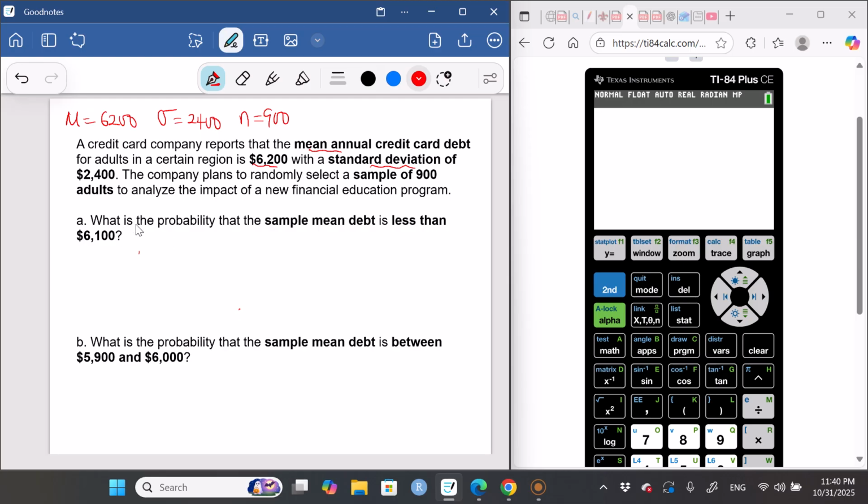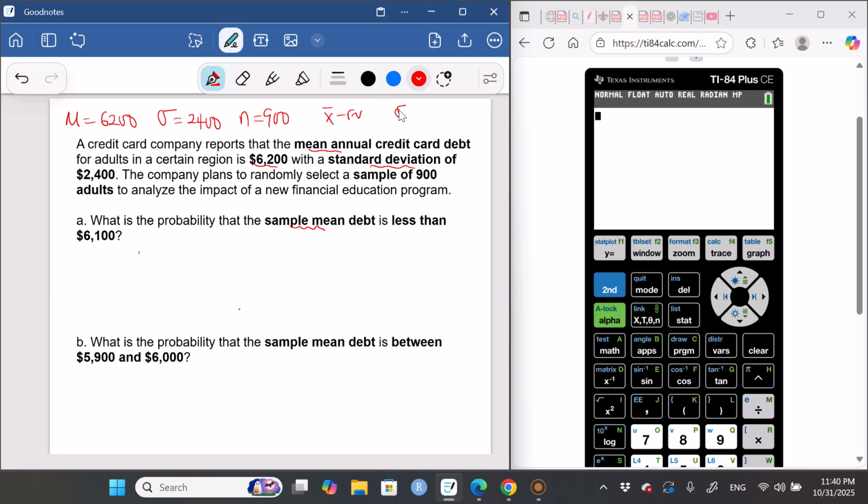Now, the first question says, what is the probability that the sample mean debt... Now, if you look at this, our random variable is x bar, not x. So in this case, for you to get a probability, there's something we call the central limit theorem. In the case of the normal CDF, if you check the two previous videos I've done, you can see that I use sigma.